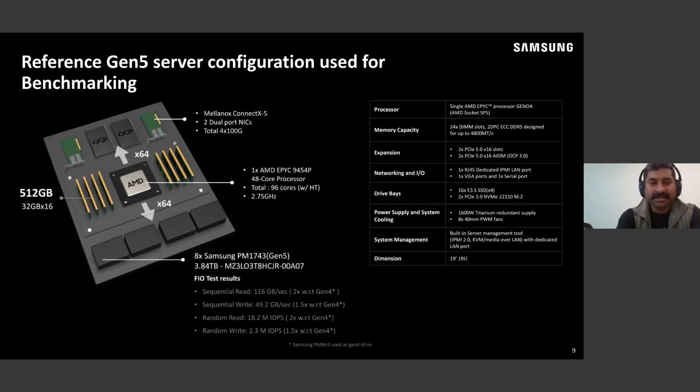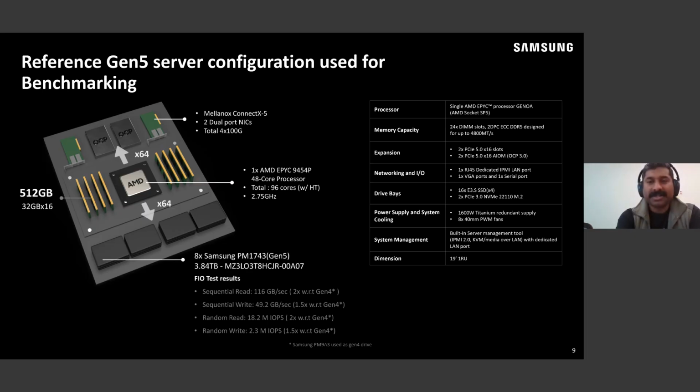Sequential write was around 50 gigabytes per second, again 1.5 times better than Gen 4. Random read, 18 million IOPS, and random write was 2.3 million IOPS. Again, we have compared it with the best performing Gen 4 SSD, and on reads it is always at least 2 times better, and on writes it is 1.5 times.